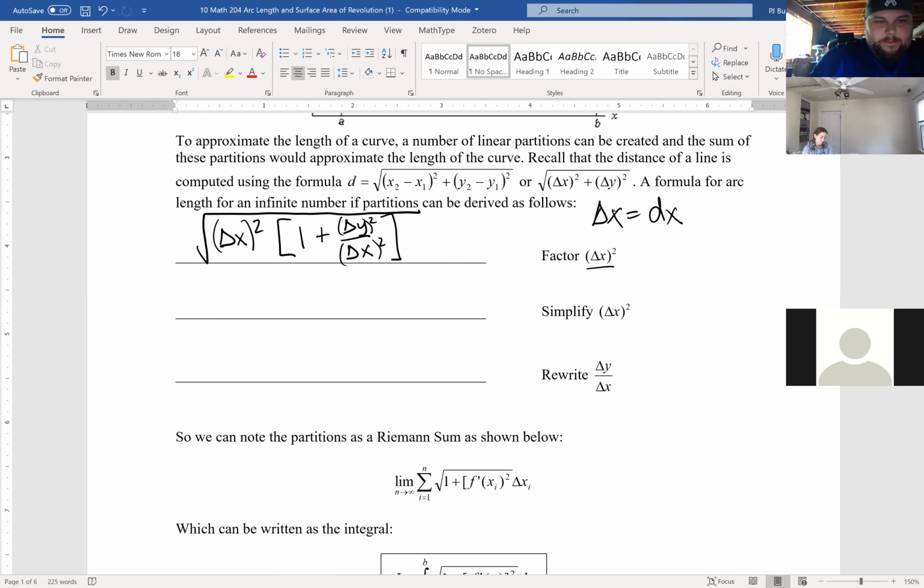So this is delta x times the square root of 1 plus delta y quantity squared over delta x quantity squared. If they're both squared, why can't I write them as one thing all to the second power? Like so.